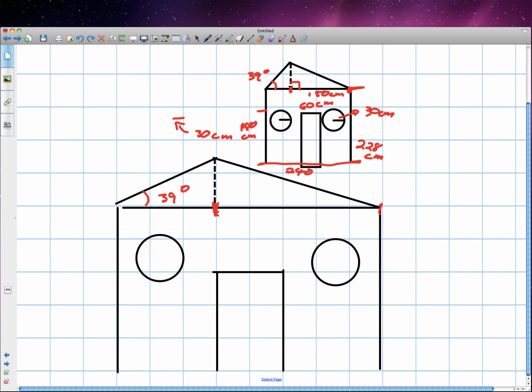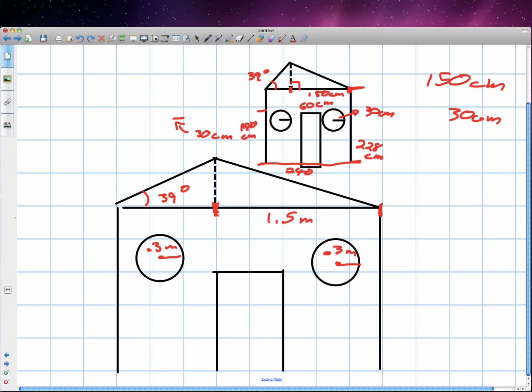The radius of each of these circles is 30 centimeters, what would that be in meters? 0.3 meters. The length of the bottom of the shed was 240 centimeters. How many meters does that give us? 2.4. Good. 2.4 meters is the bottom of this shed.